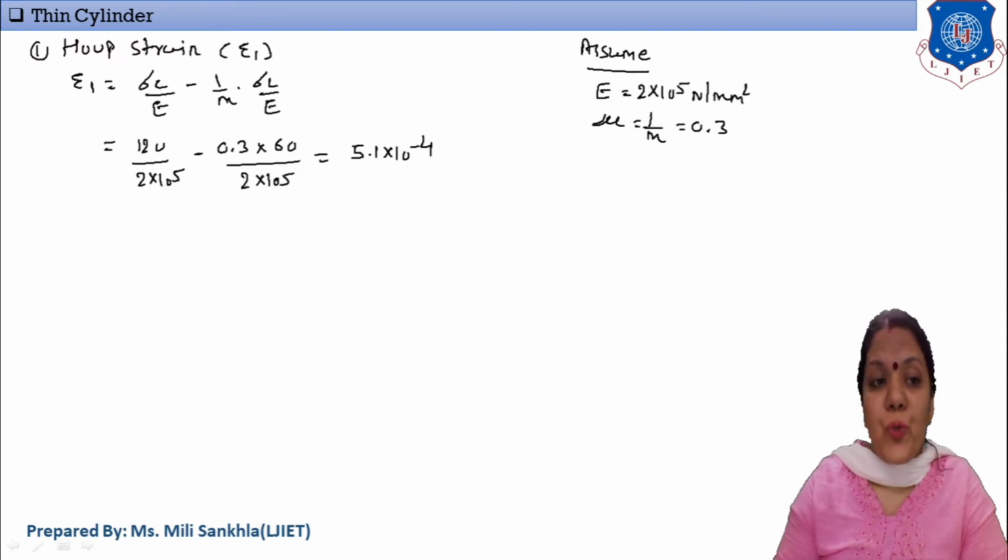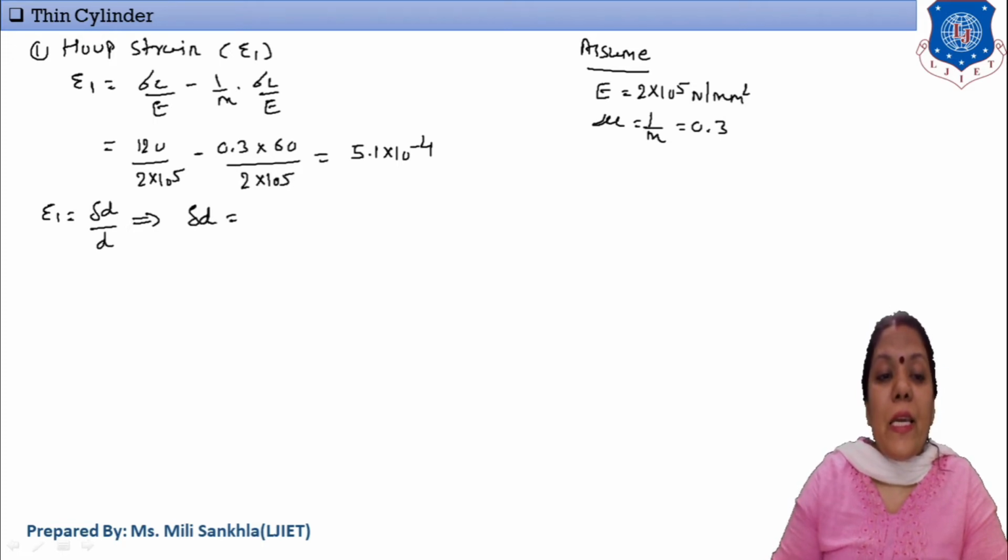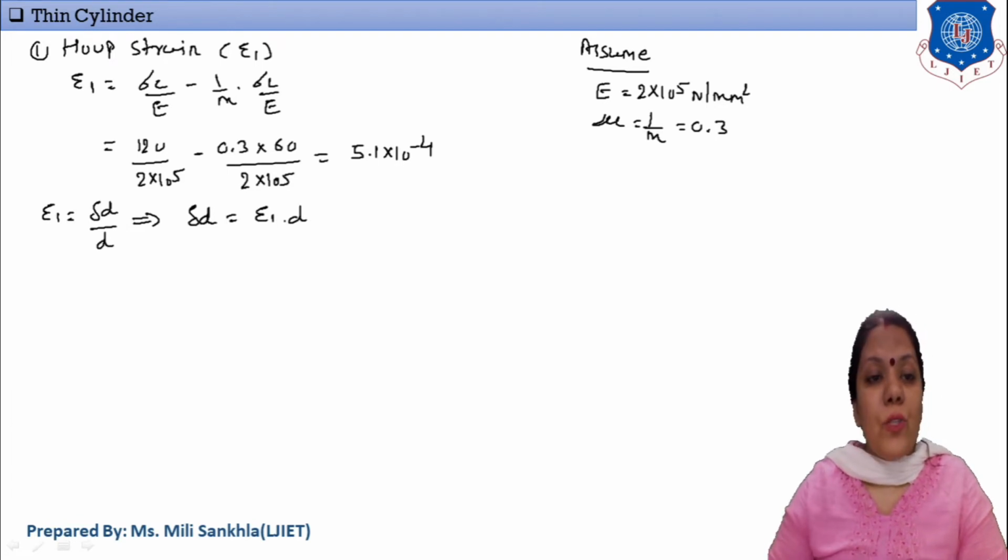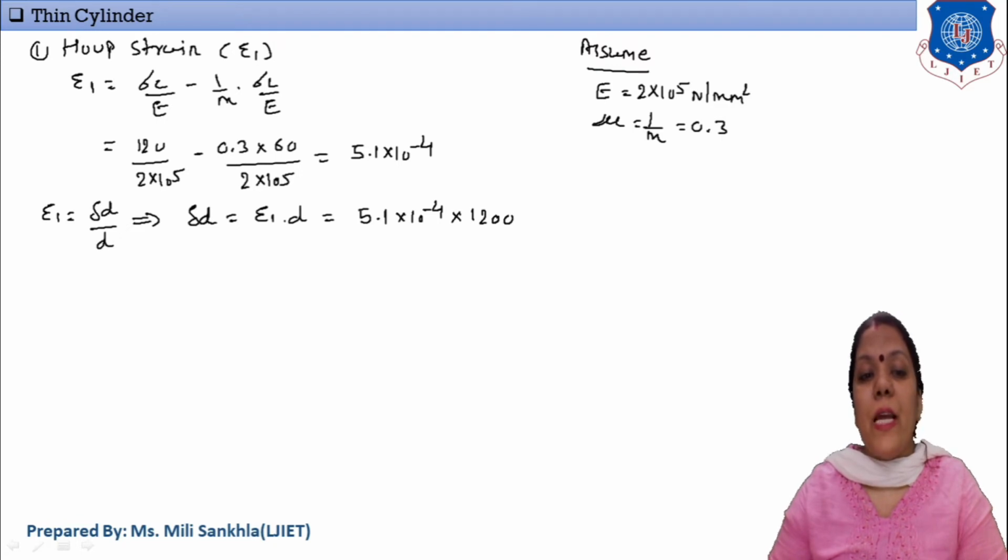Now what is hoop strain? Hoop strain is nothing but the ratio of change in diameter to original diameter. Now find out change in diameter. Change in diameter del D is equal to epsilon 1 into D. Now we found the value of epsilon 1, 5.1 into 10 raised to minus 4, and diameter D is equal to 1200 mm.